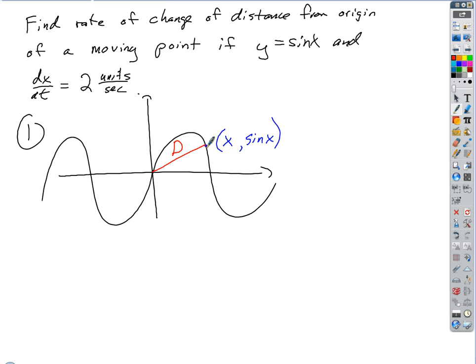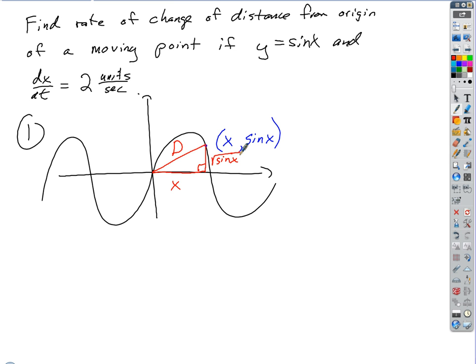This is just the Pythagorean theorem again, right? That's just a right triangle. That coordinate is just the x coordinate, and that's sine x. So D squared equals x squared plus sine x squared. That's going to be our parent equation, isn't it?